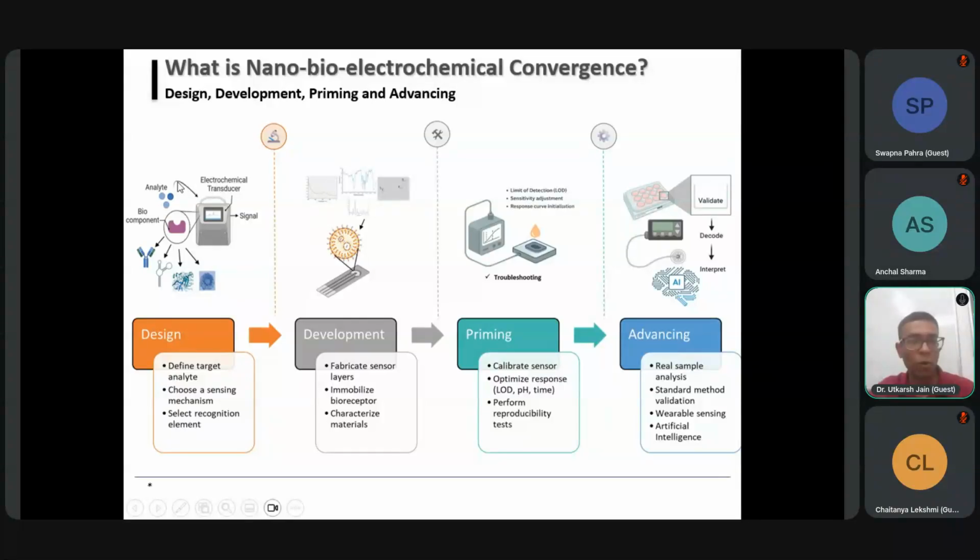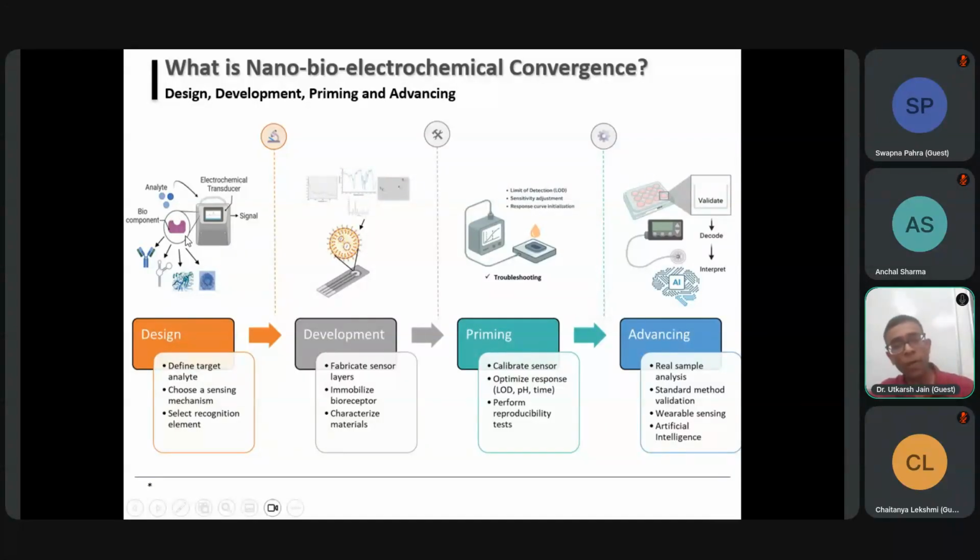That is the first component I need to focus on: what could be our target. The target as an analyte could be a protein, a DNA, or any elemental part. If we are going to develop a device for certain diseases, then that analyte should be a biomarker.